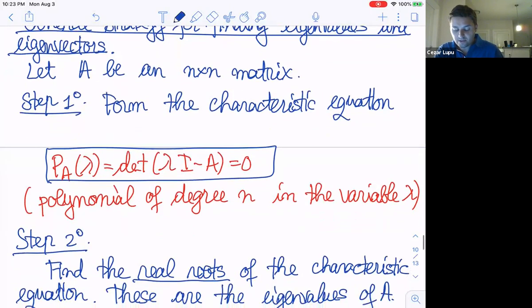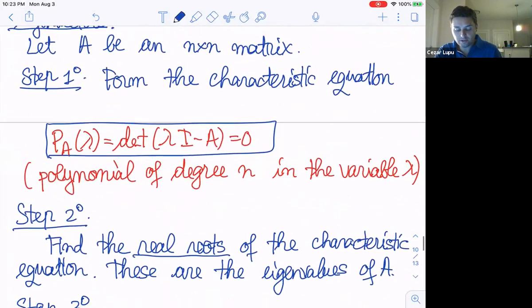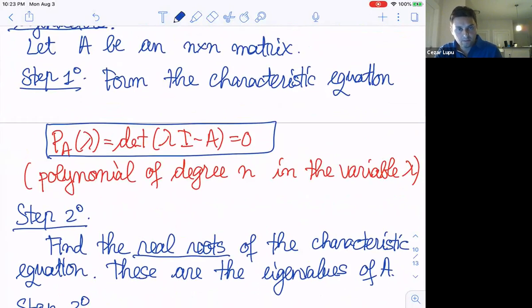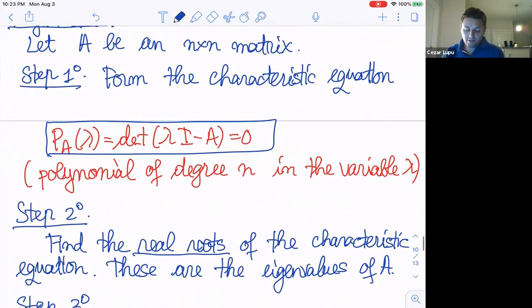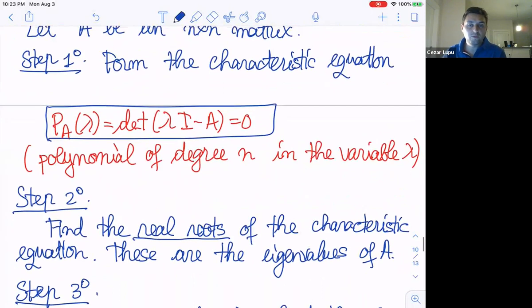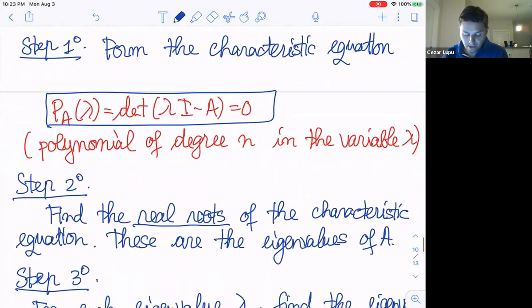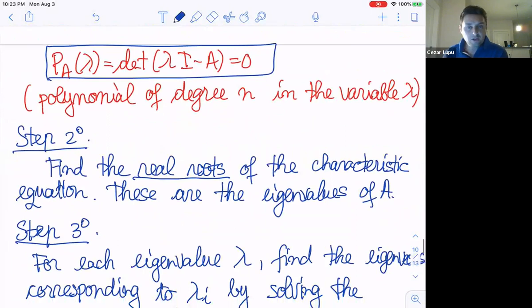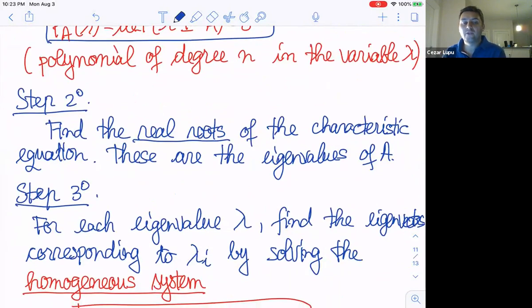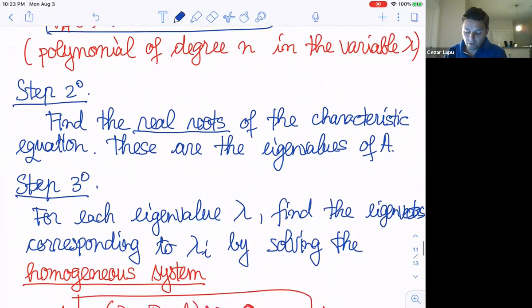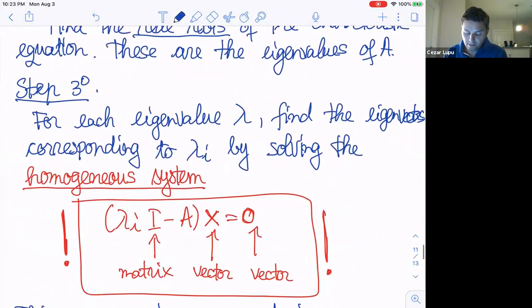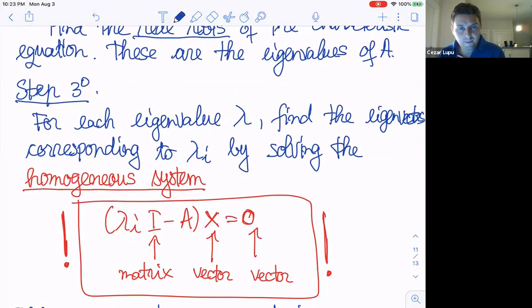Step 2 is to find the real roots of the characteristic equation, this equation in the red box, the determinant of lambda I minus A equals 0. These roots are nothing other than the eigenvalues of the matrix A. Step 3, for each eigenvalue, we need to find the corresponding eigenvectors by solving the following homogeneous system: lambda times the identity minus A, which is a matrix, times X, a vector, equals the 0 vector. We take each eigenvalue and solve this system.